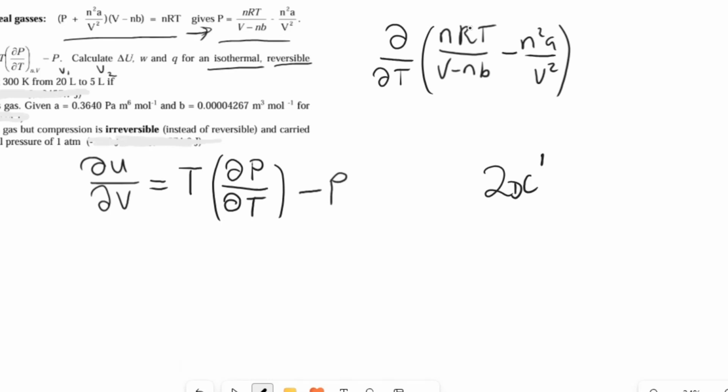What do you get when you differentiate 2x? You get 2, right? There's no need for us to write that. I just want to make sure that you understand what I'm doing. So the answer for this is just nR over V minus nb.